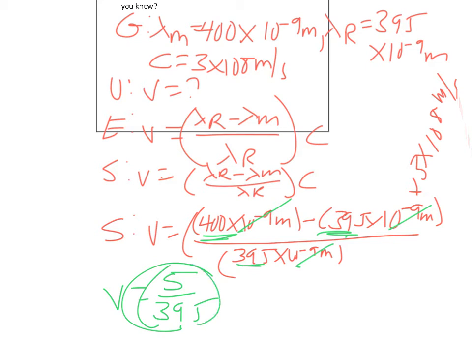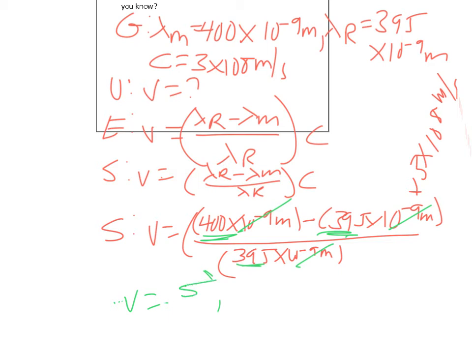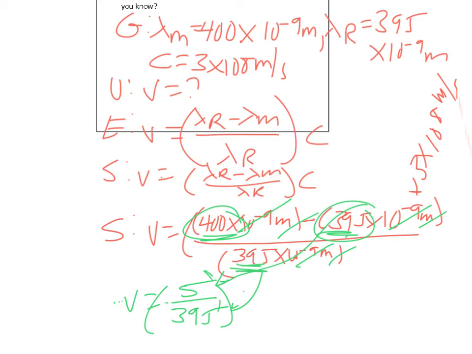Let's fix that, hang on. And so we have V is equal to 5 over 395. The units all go away too, right? Because meters all cancel. So that was 400 minus 395. That gave me 5 and 395 on the bottom. And then times 3 times 10 to the 8th meters per second.